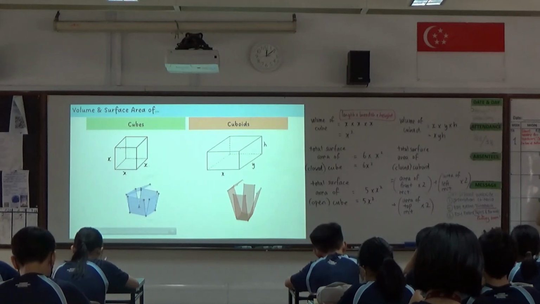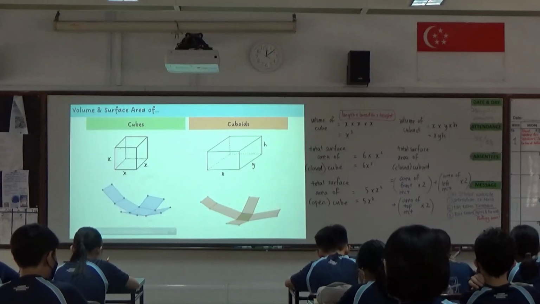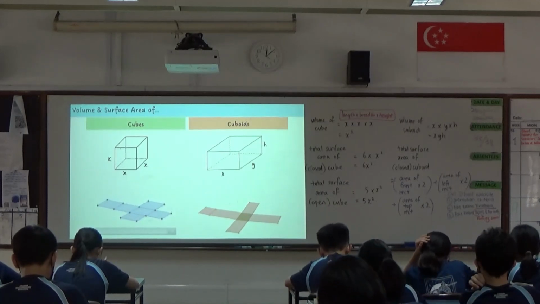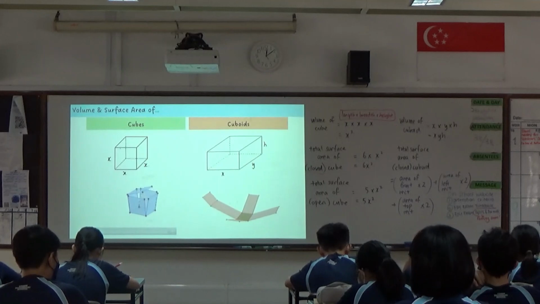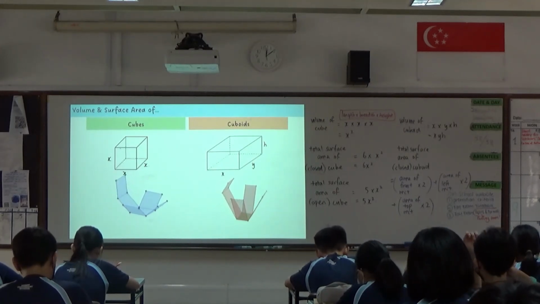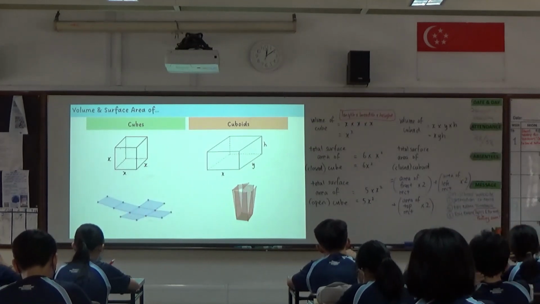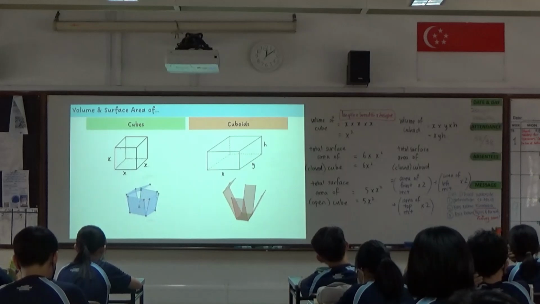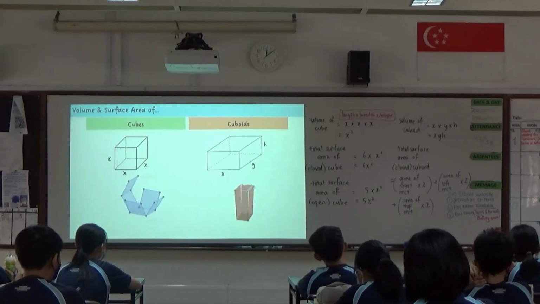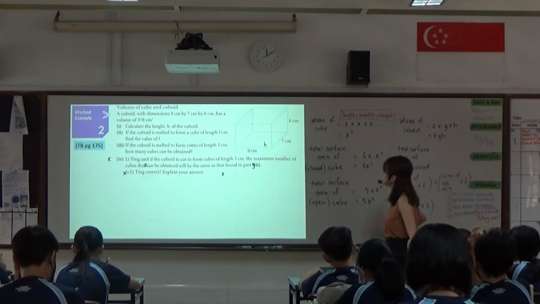It can be open in many directions. For total surface area, there is a more straightforward way, or rather a generic formula, to go about calculating it. Let's try out these questions.